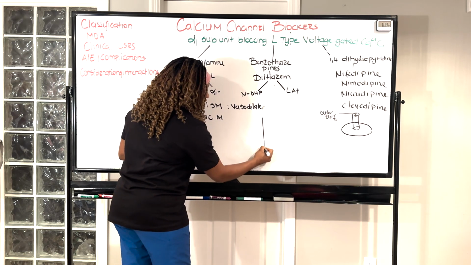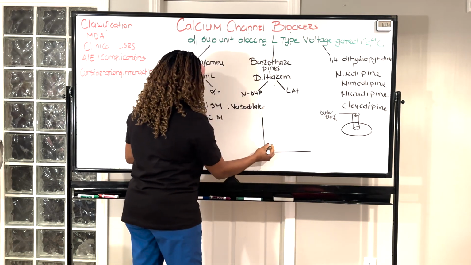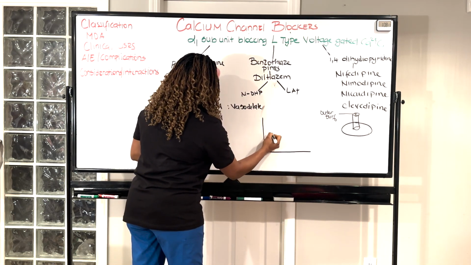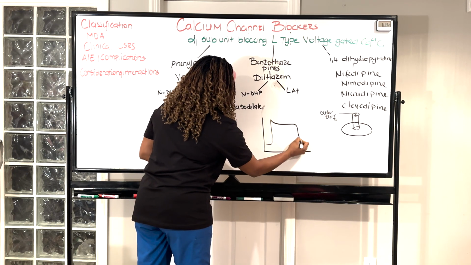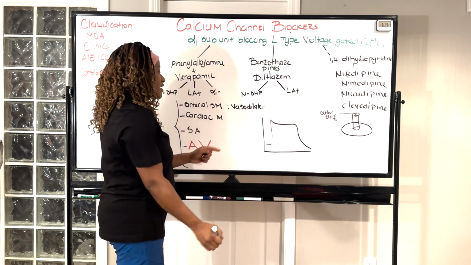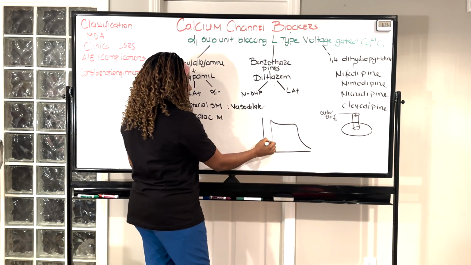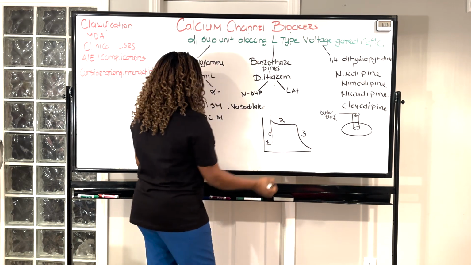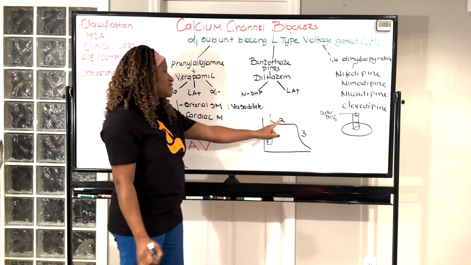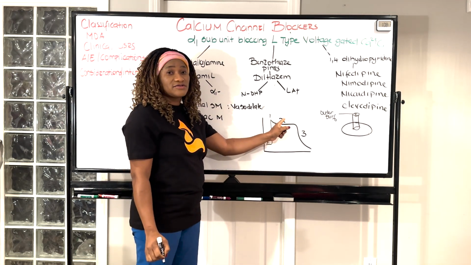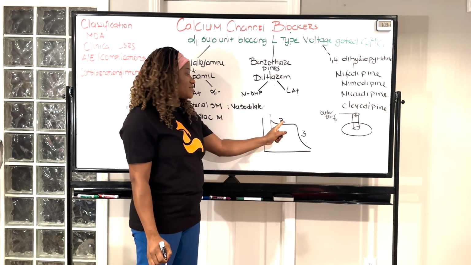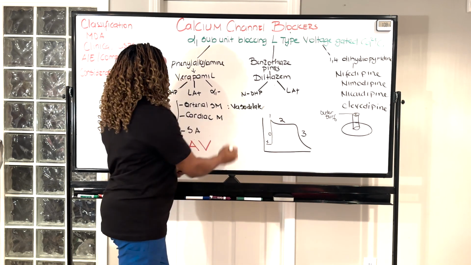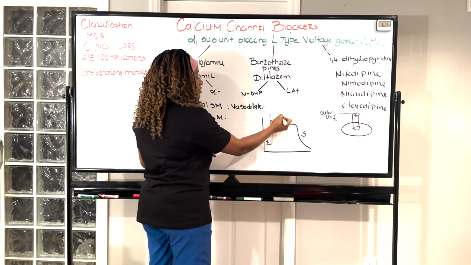On the cardiac cell, this is our action potential right here. And this is our phase 4, 0, 1, 2, 3. They're going to act here on phase 2, just like the beta blockers. They're going to decrease the entry of calcium.